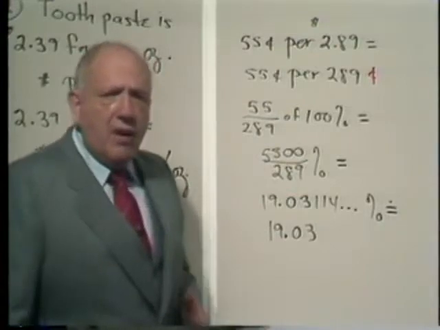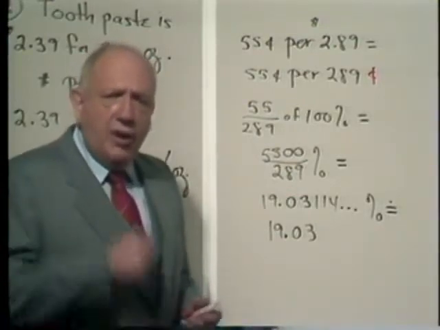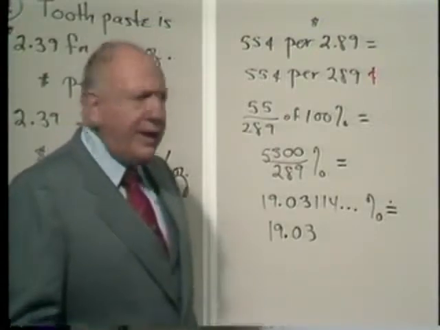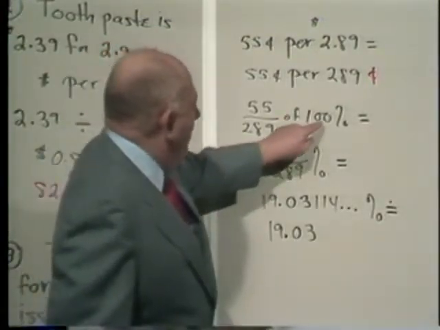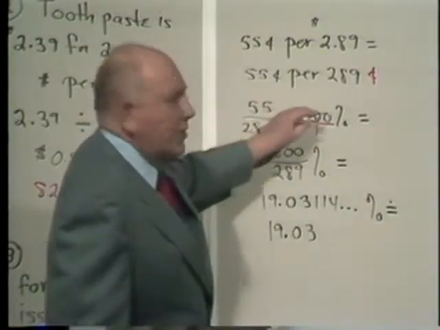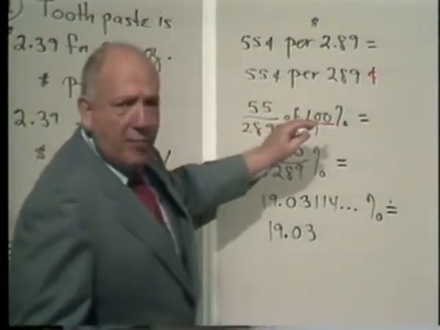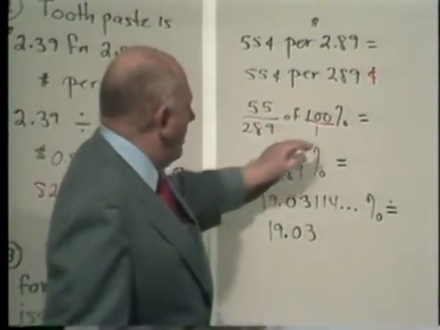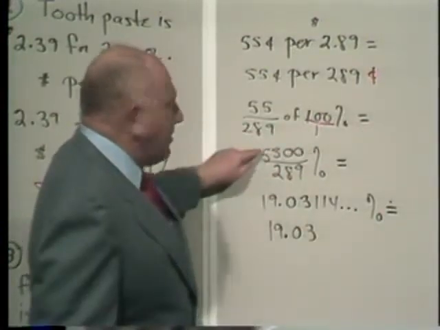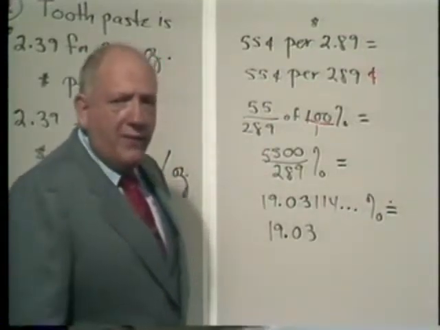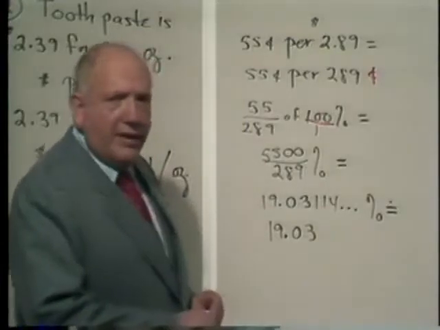The only difference between this chapter and the earlier chapters is that now I'm not going to do any of the work. I'm going to let my calculator do that. I multiply the numerators, so the 55 has to multiply the 100. I do that in my head, 5,500. The denominator is 289 times 1. So the percent is 5,500 over 289. That's 5,500 divided by 289.